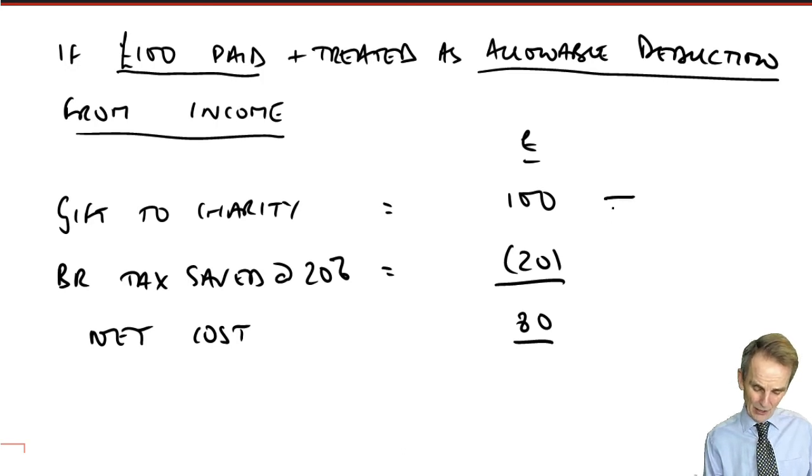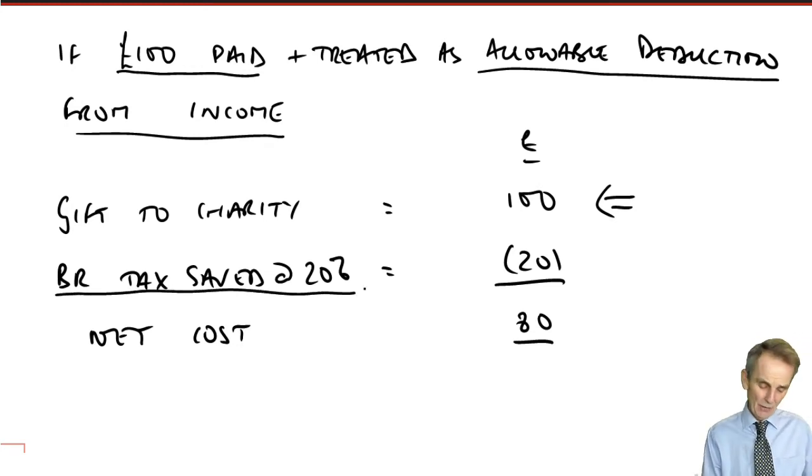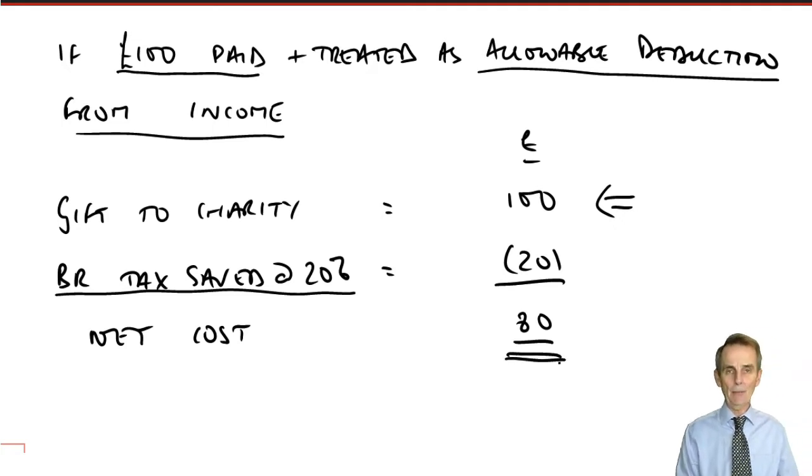So the gift to charity would be £100. You show a £100 deduction from your total income that would have been taxed at basic rate tax at 20%. So you've saved 20% tax. So you pay out 100, your tax goes down by 20. Guess what? Your net cost is £80.